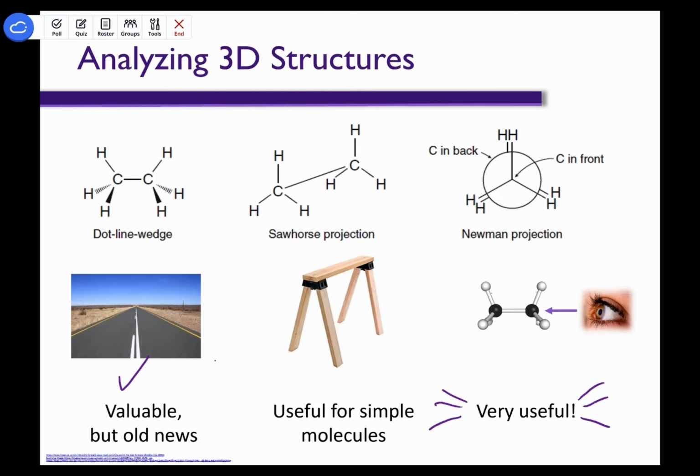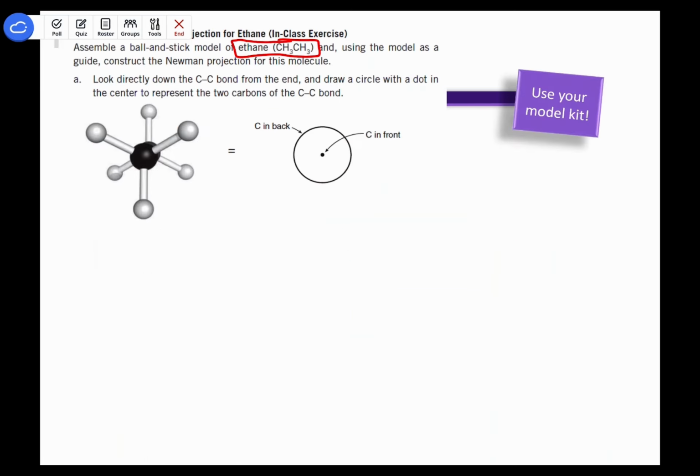As per this picture here, the camera is my eyeball, rather than looking straight down, we're going to be turning it on its side and looking down the carbon-carbon axis. So when we're drawing a Newman projection, hold up your ethane molecule if you have it.